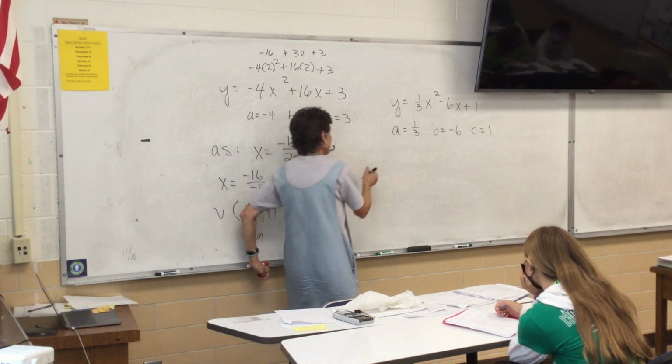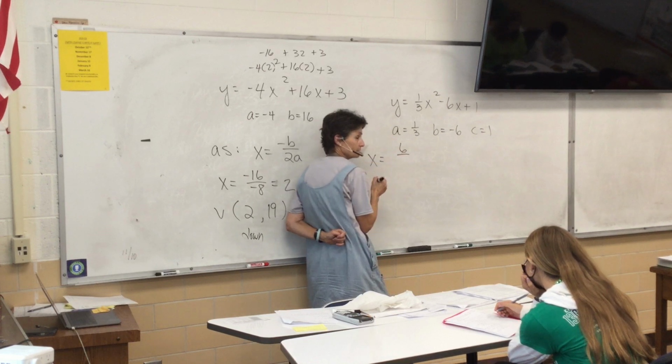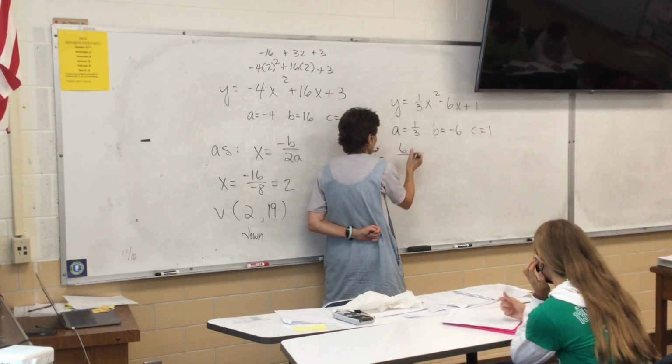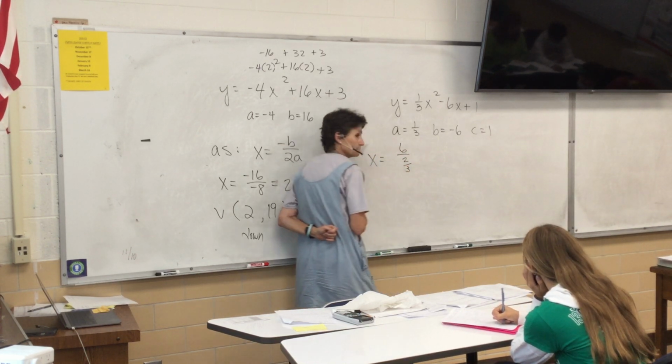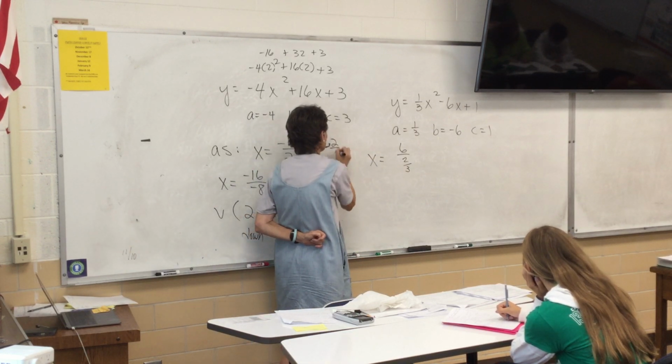So according to the formula, x equals -b over 2a, 2 times a third.